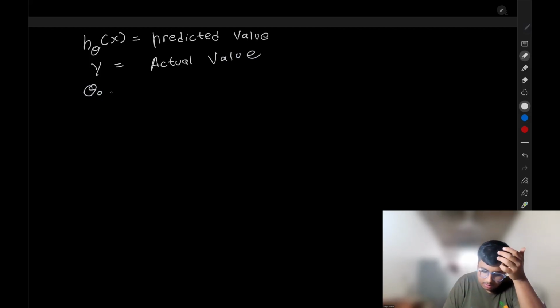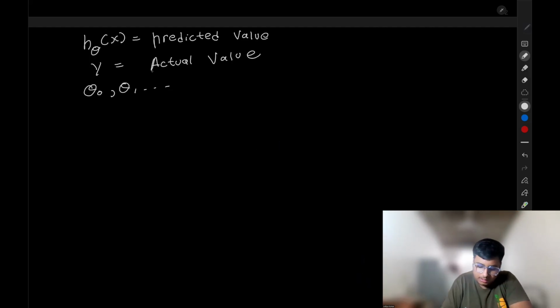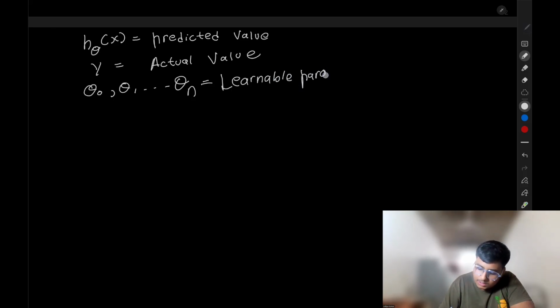Theta naught, theta 1, dot dot dot, till theta n will be our learnable parameters. Sorry for the bad handwriting. X1, X2, dot dot dot, Xn will be our features.